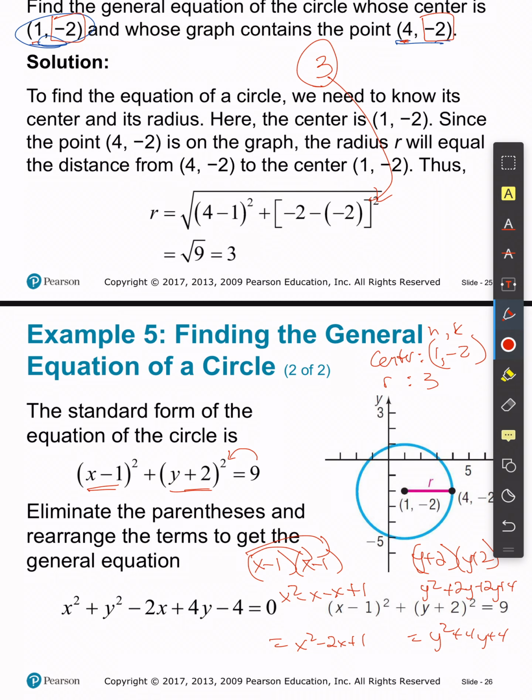Okay, so now we're going to put it all together, and I put it in general form. So x squared term first, y squared term second, and then the form A, B, C, equals 0.